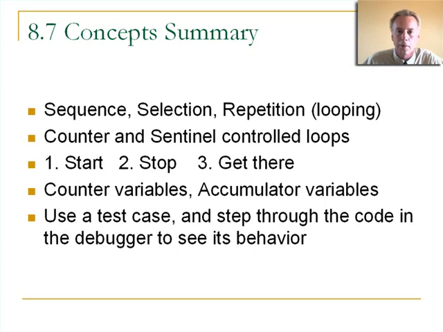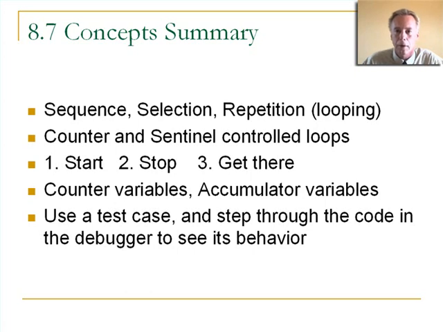Two kinds of variables we looked at: counter variables and accumulator variables. And they don't have to necessarily be integers. Counters are almost always integers, but you might be accumulating double variables, for example, or some other data type.